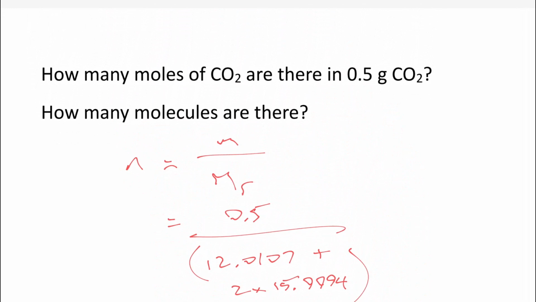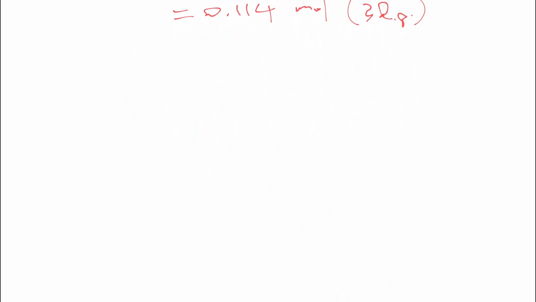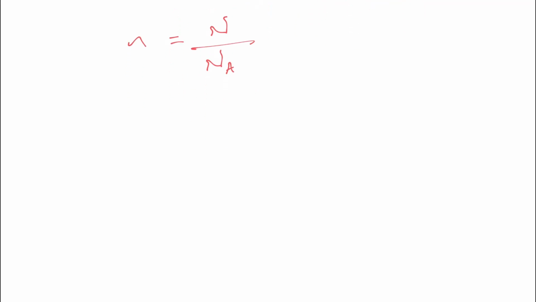But then we're asked how many molecules are there. So now we're going to use the other mole equation. Right, so for how many molecules there are, we know that moles is equal to the number of things divided by Avogadro's number, 6.022 by 10 to the 23. Now we rearrange this equation to find the number of particles.